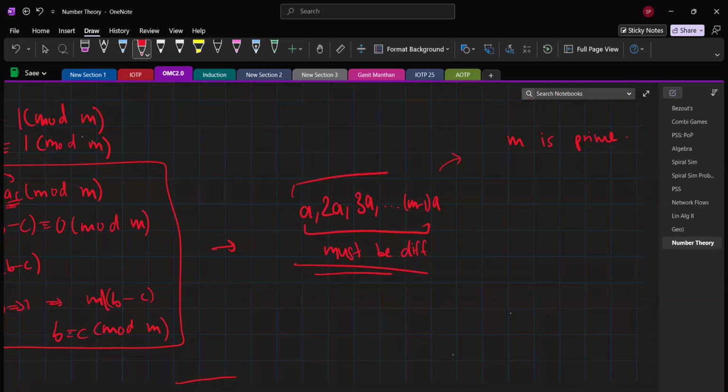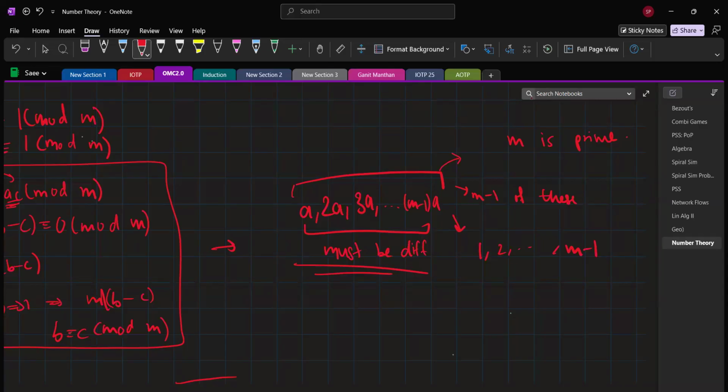There are m minus one of these. They're all going to form all the numbers from 1 up till m minus 1, because they all have GCD 1 with the prime number.